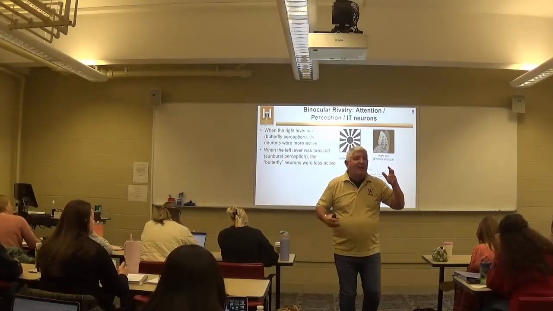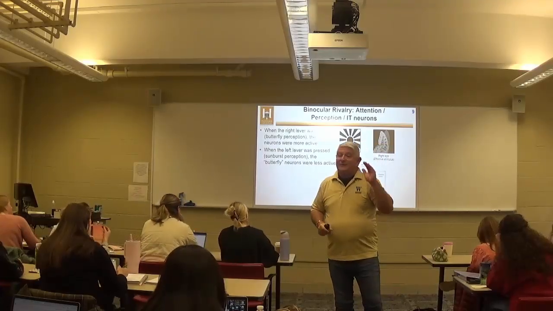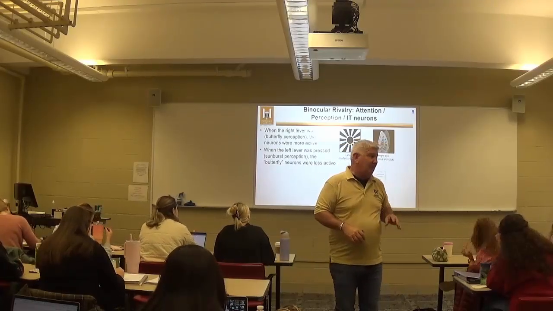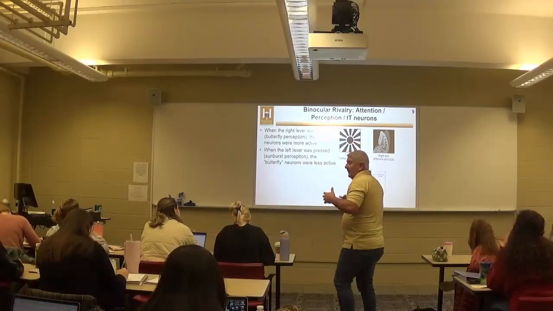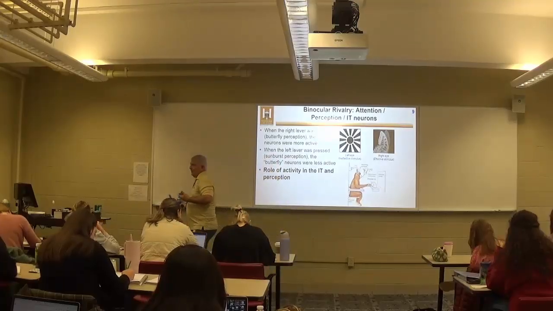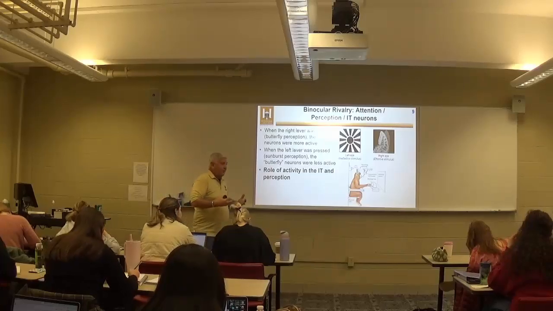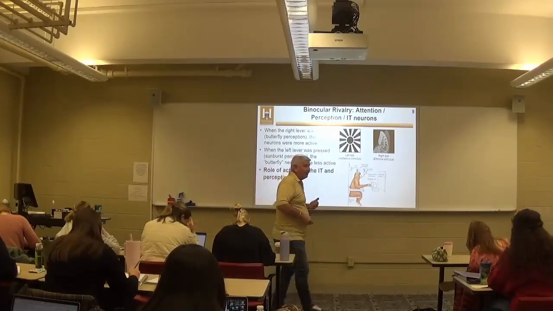And every time that column in IT gets really active, it's the same time that the monkey's indicating I'm perceiving the butterfly. It's like a direct relationship between the amount of activity that's happening in IT and which of those two images we're perceiving.